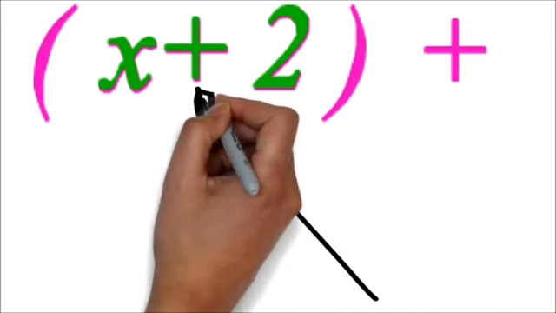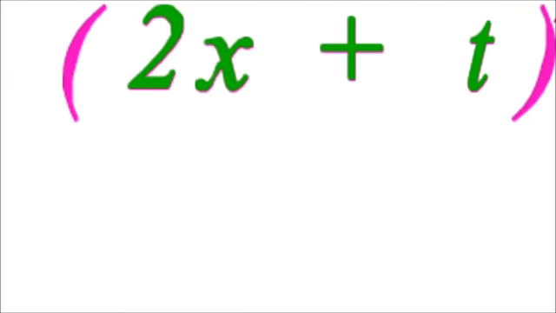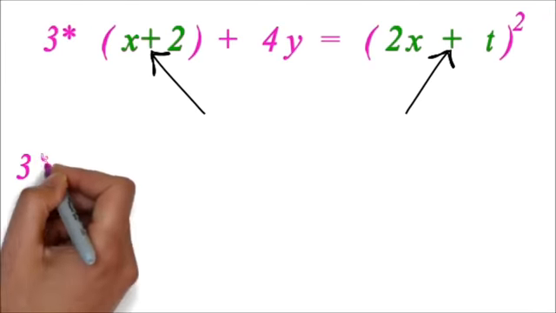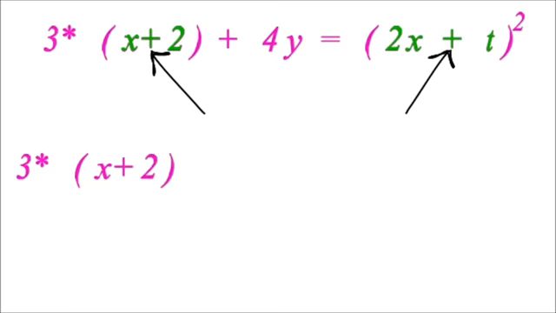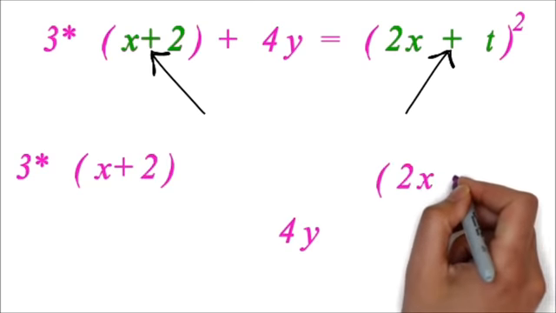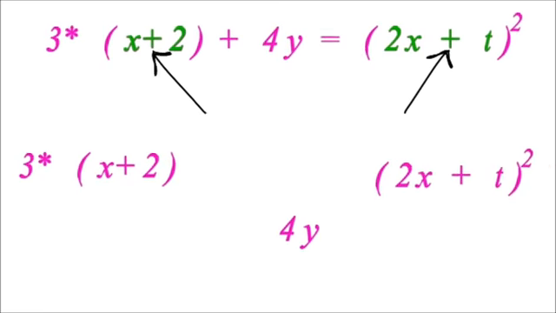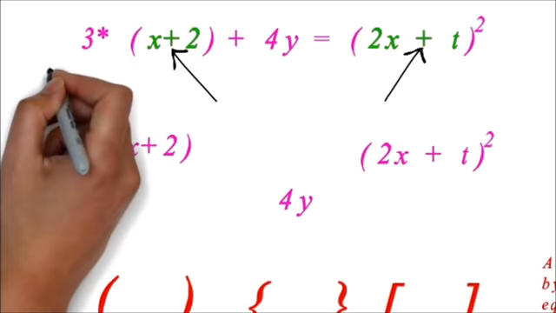Now, despite the presence of the plus signs, we say it is the same term. So our terms would be 3 times in parentheses x plus 2, 4y, and 2x plus t all squared. Note that in this equation there are 3 terms.